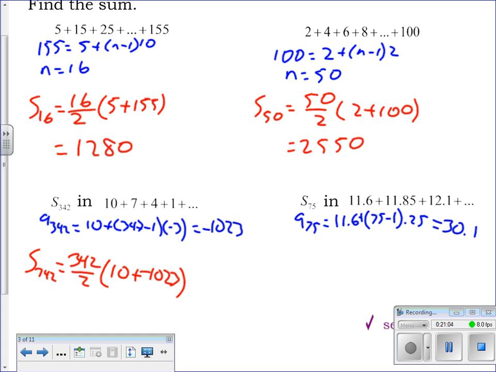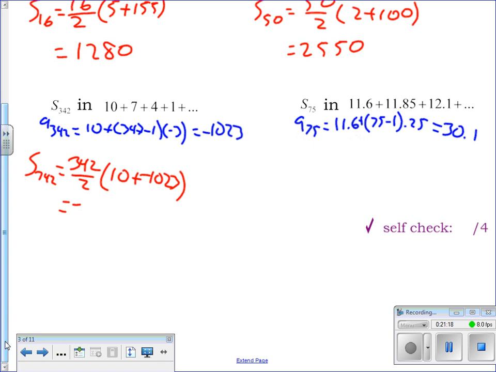So 342 divided by 2 times negative 103. And I get, it's a big one, negative 173,223. Adds up in a hurry.